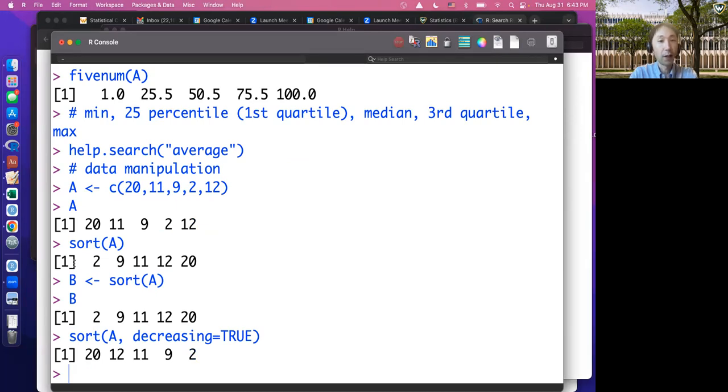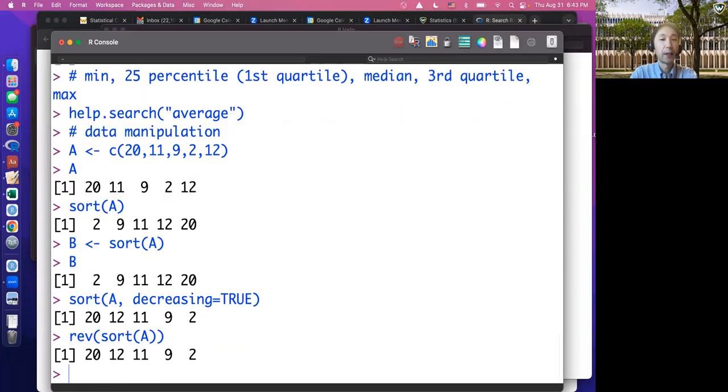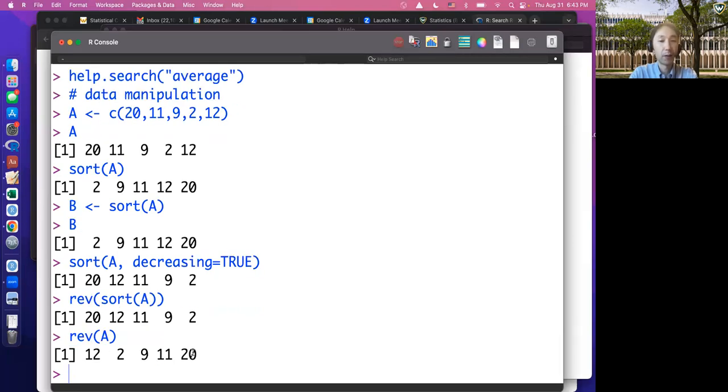Another way is the sort function combined with the reverse function, and you get the same answer. So rev of A is also possible. Originally, vector A is 20, 11, 9, 2, 12, but rev of A is in a different order, the opposite order.